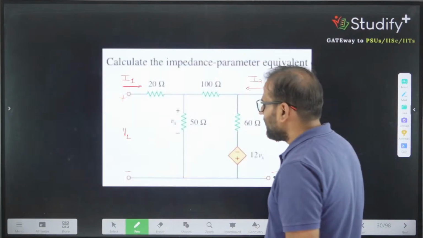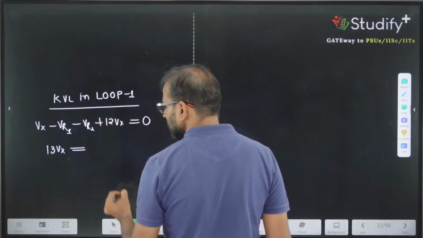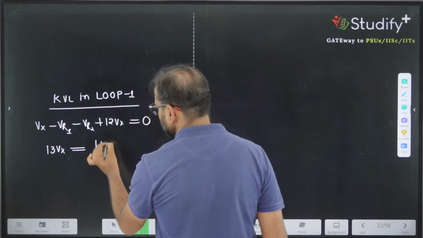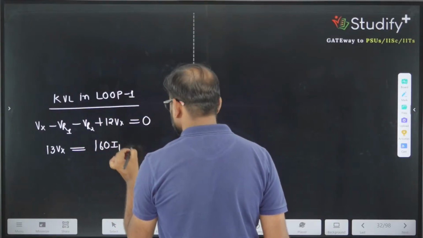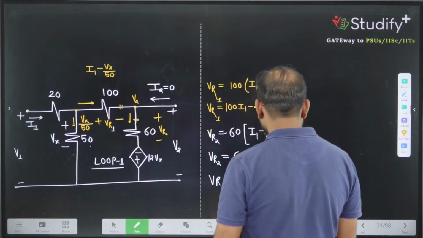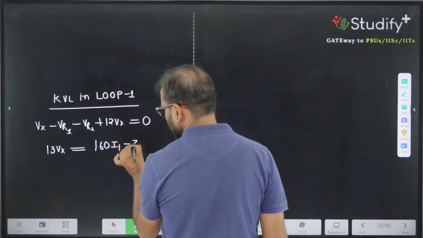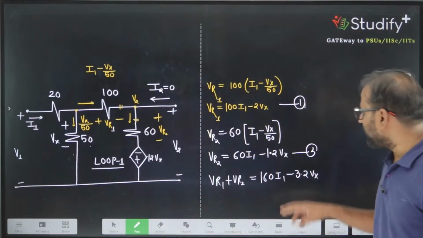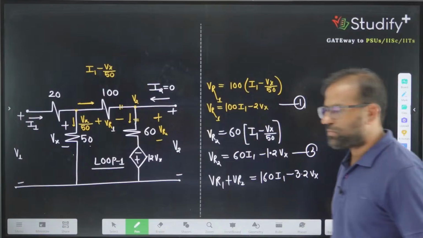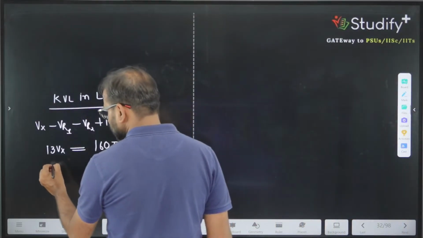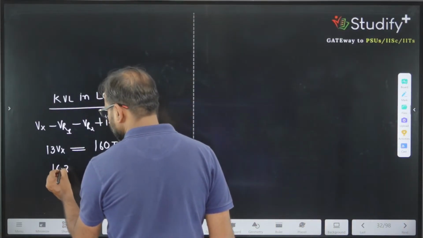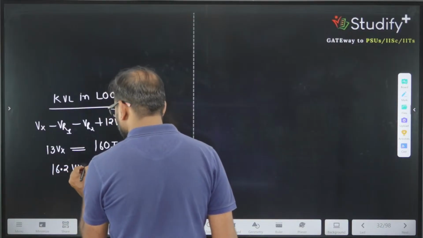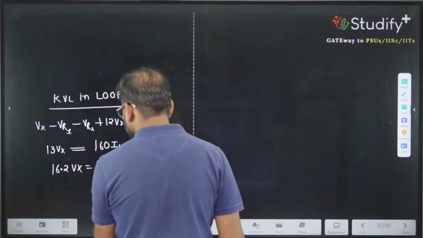So the value will be 160 I1 minus 3.2 Vx. Then 13 Vx plus 3.2 Vx is 16.2 Vx, equal to 160 I1.